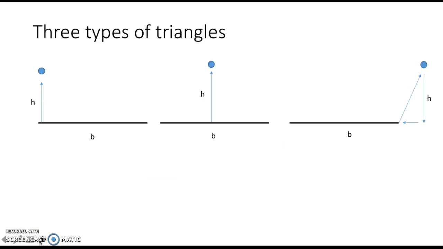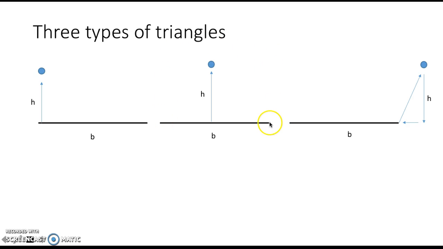So there are three types of triangles that we're going to talk about. These three cover all types of triangles. First, you have the triangle with the vertex right above the ending point. So this can be here on the left side or here on the right side. Then we have this triangle where the vertex is within the limits of the bottom two points.